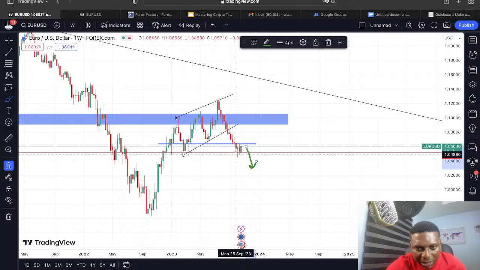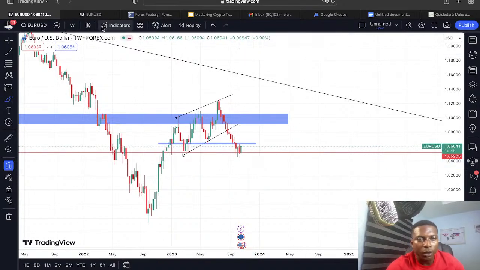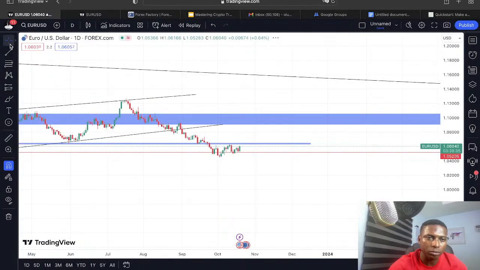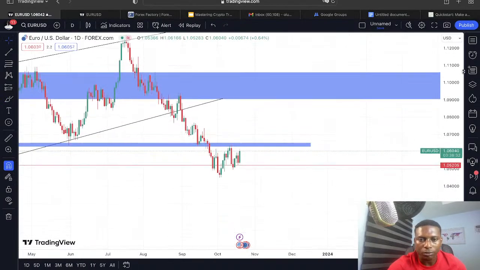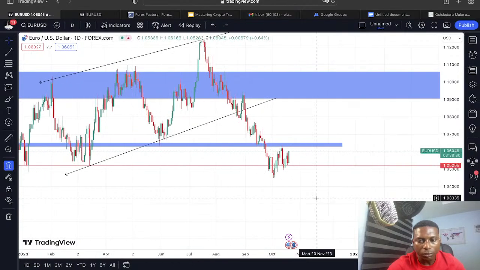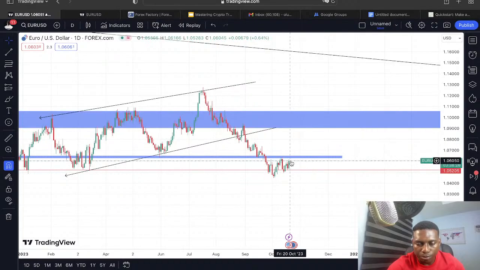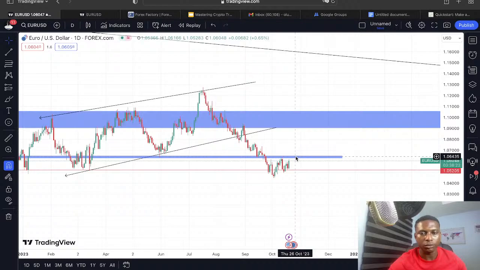Because if you look at it consistently, price has always been pushed back from this level in the last few weeks. So when you now look at it from the daily time frame, you see it clearly. All right, you see it clearly how price would easily push back from here.